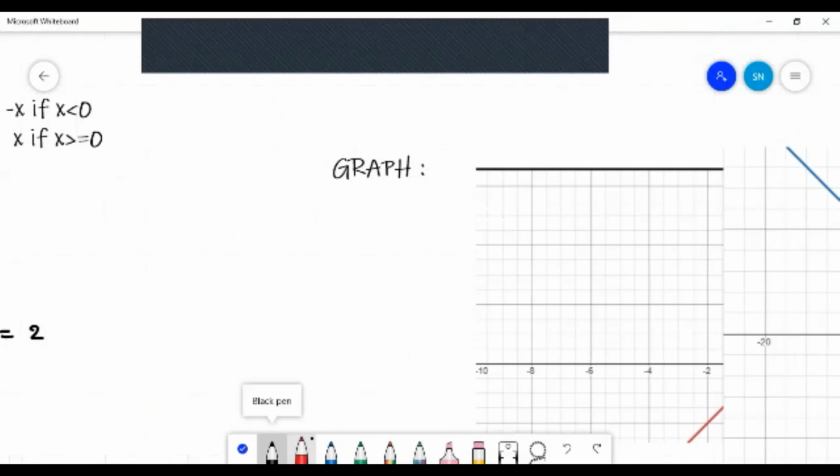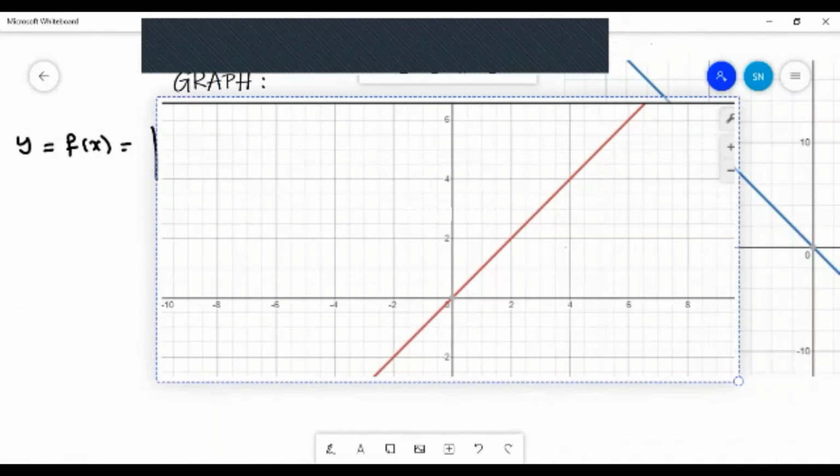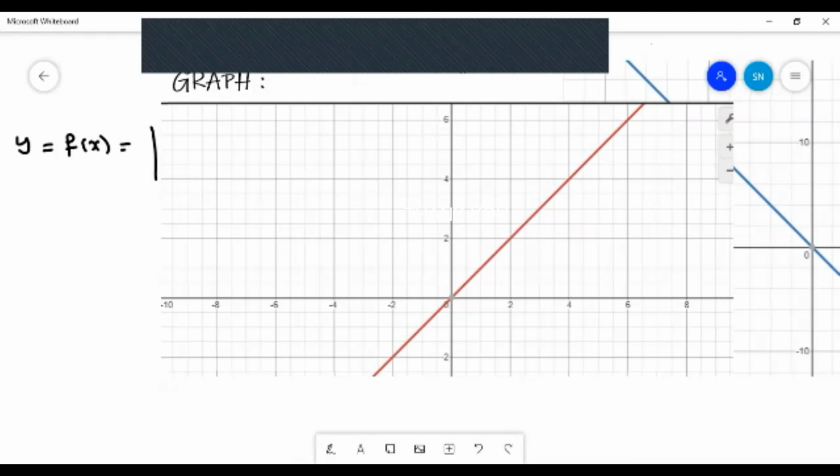In order to get the correct graph, I will check this function. I have taken here y equal to x. This graph is only for positive values of x, so we need to omit the part of the graph y equal to x along the negative x-axis.